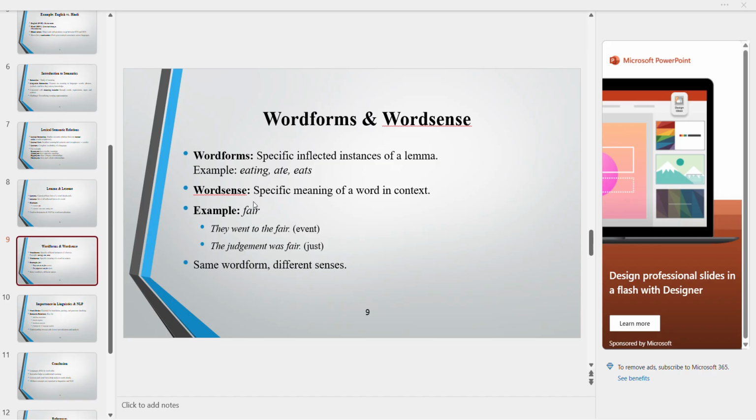Word sense refers to the specific meaning of a word in context. Let's take an example. Fair. There we will get two options, that is event or just. First of all, they went to the fair. It is an event, and the judgment was fair. It's just. It has same word form but different senses.